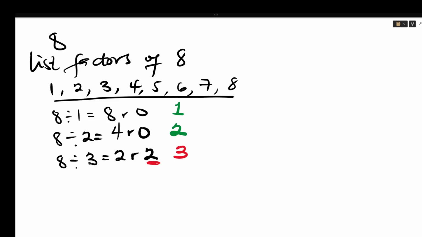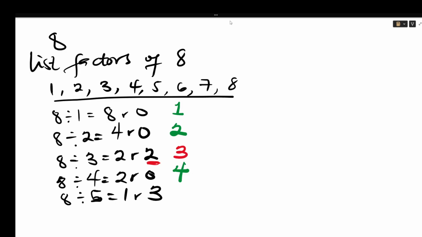We can proceed to 4. 8 divided by 4 is 2, remainder 0. Since we had no remainder left, 4 can be considered as a factor of 8. Moving on to the next, which is 5, that is 1, remainder 3. 5 cannot be a factor of 8.